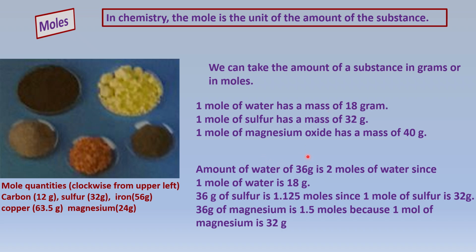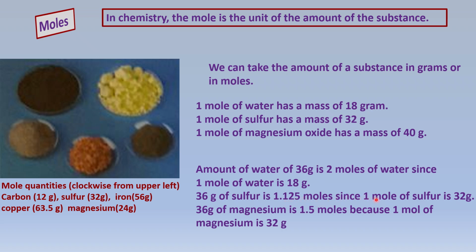36 grams is 2 moles, because 1 mole is 18, 2 moles is double the amount, which is 36 grams, or 2 times 18. Since 1 mole of sulfur is 32 grams, 36 grams of sulfur is only 1.125 moles.